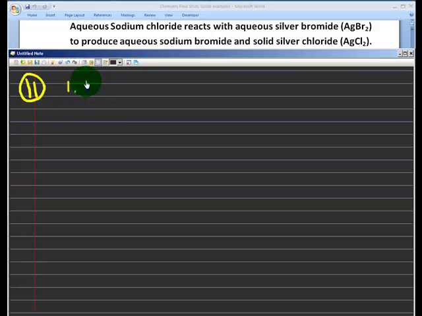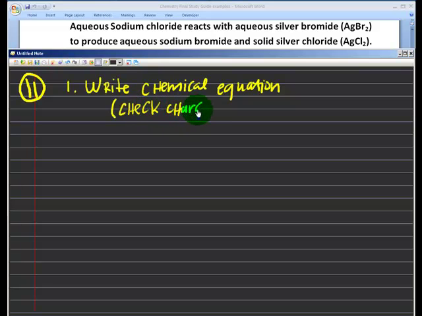So step 1, remember, write your chemical reaction or equation. I'm going to put a little side note here, and I'm going to write check charges. So remember, these are ionic compounds, and they're aqueous ionic compounds.